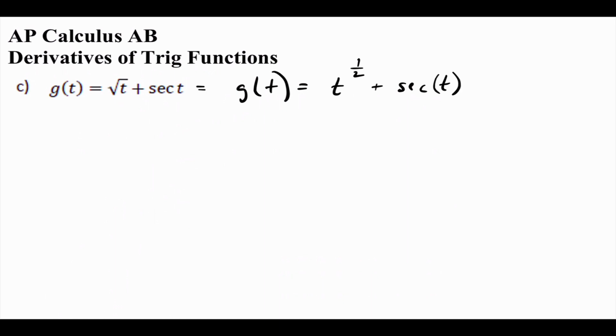I'll put parentheses around t just because it's not x anymore. That's the angle. So now we're not going to use the product rule. We're not going to use the quotient rule. We don't need to. We're not multiplying or dividing. I'm adding. So I'm just going to find the derivative of each.